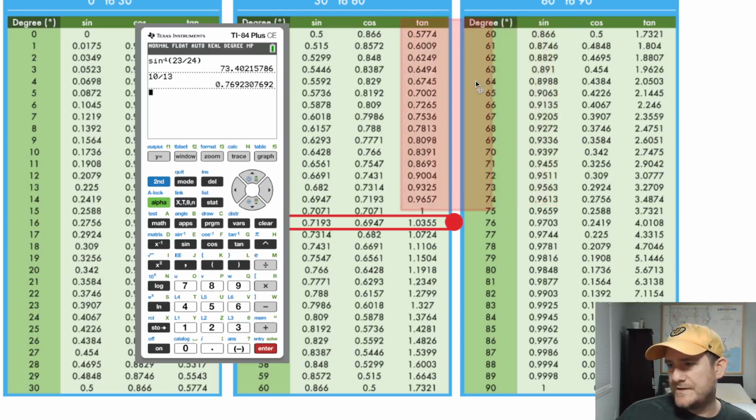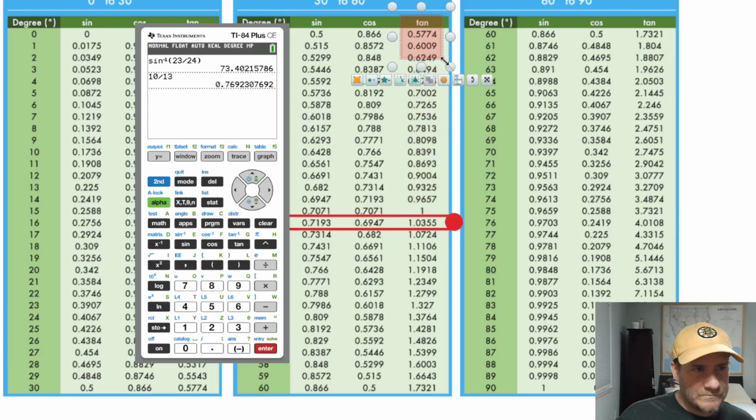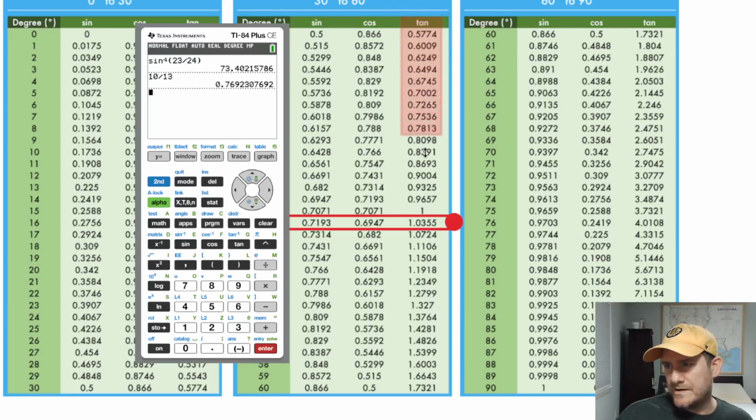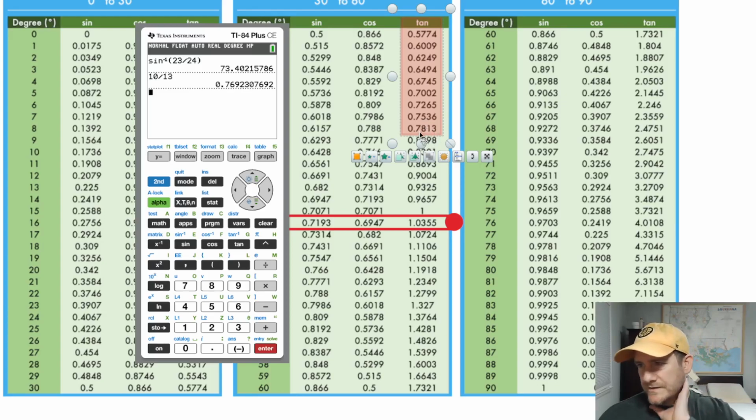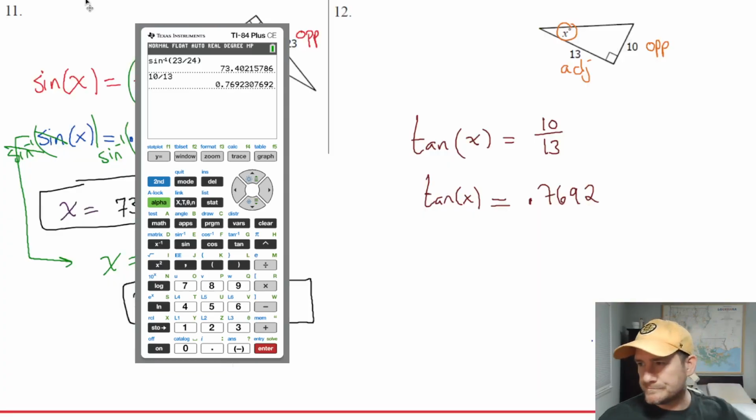And we're going down the tangent column this time. We're looking for 0.7692. So it looks like it would fall between 0.7536 and 0.7813. And so those angles are 37 to 38. So x must be somewhere between 37 and 38.